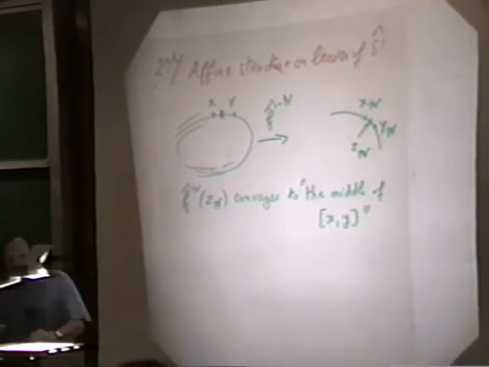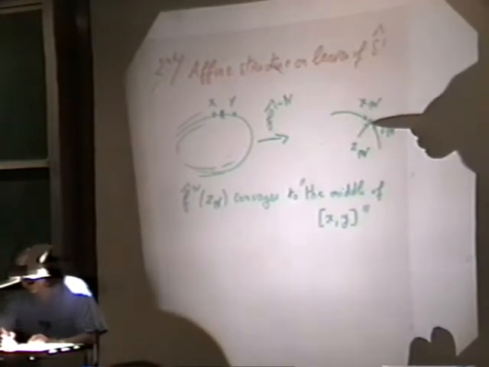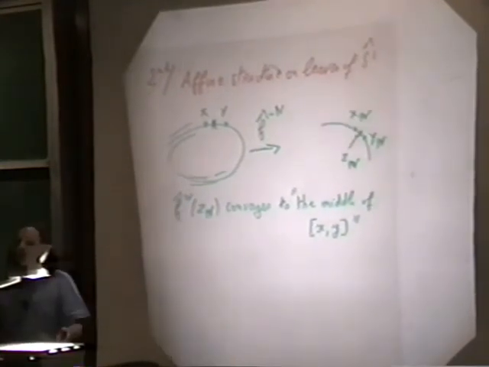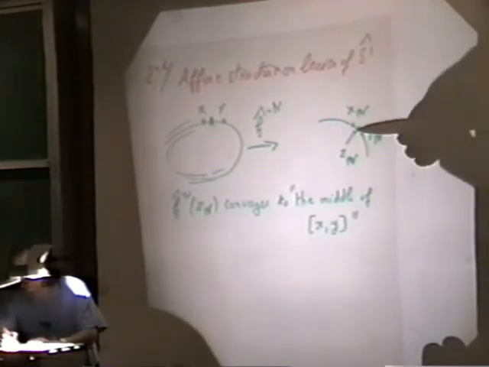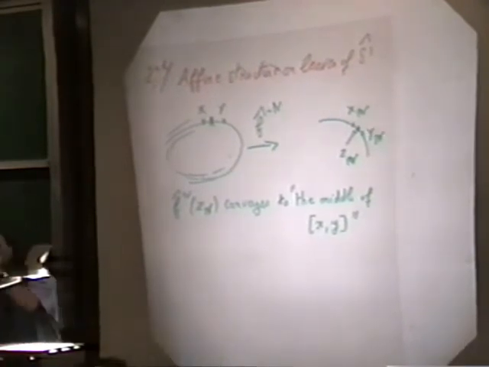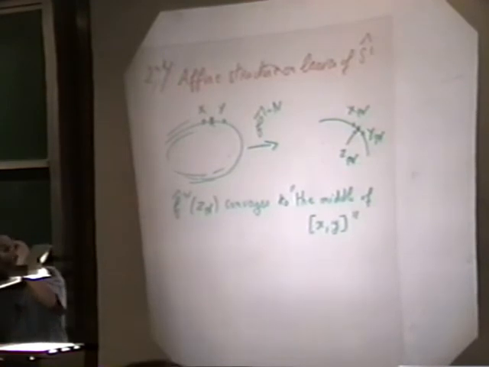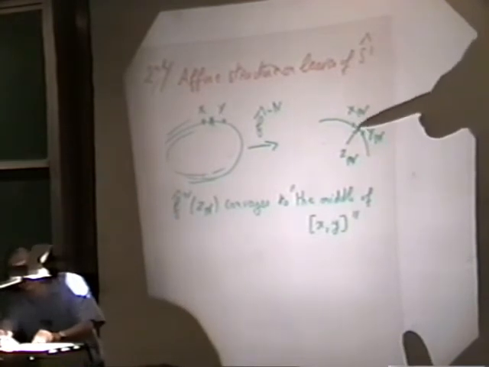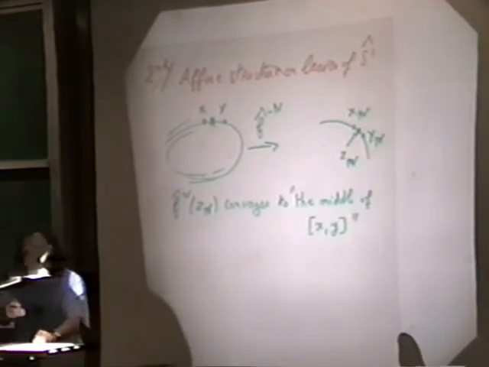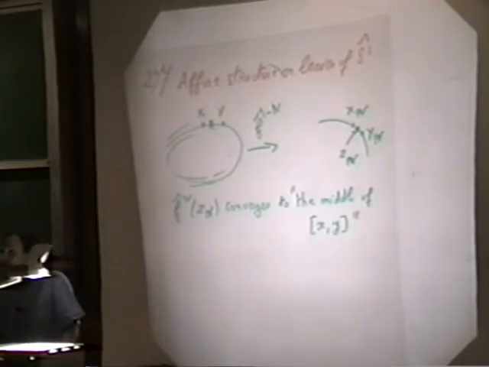Now you choose an auxiliary Riemannian metric, any one. And for this Riemannian metric, take the middle point zn of this very tiny interval going from xn to yn. So you have a point which is right in the middle of these two, xn and yn, and you put it back by f hat to the n, to a point which is somewhere in between x and y.